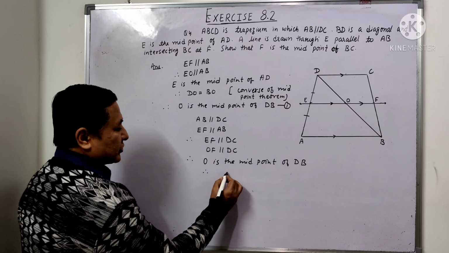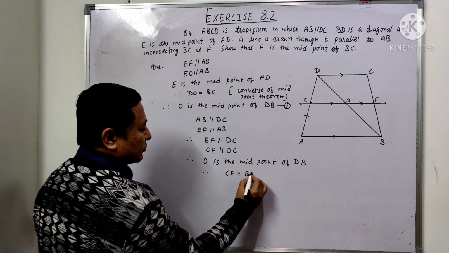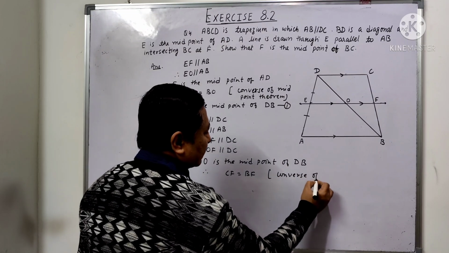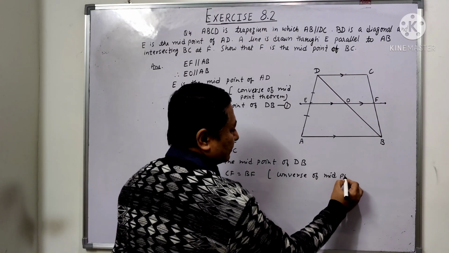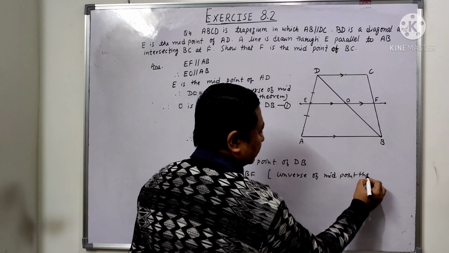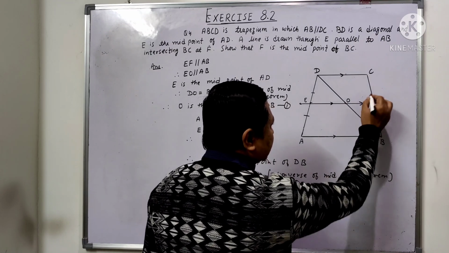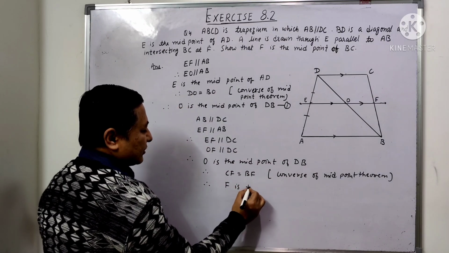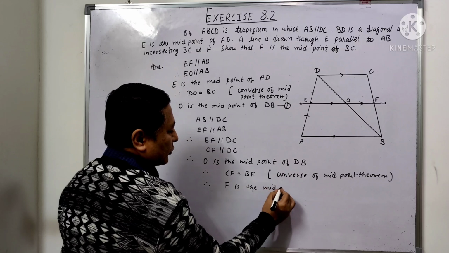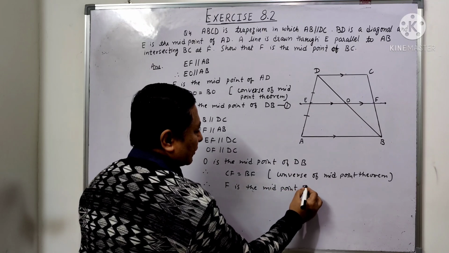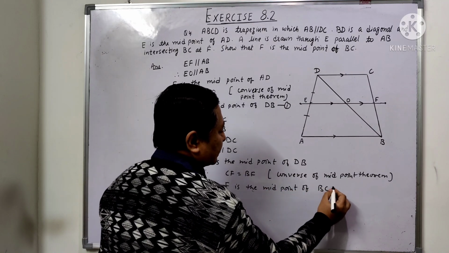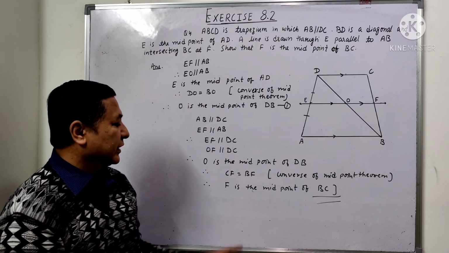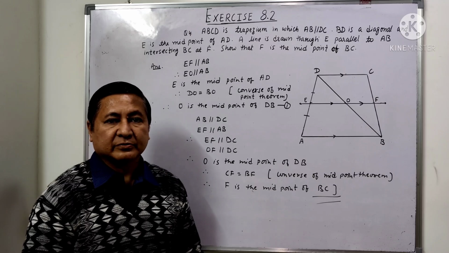So therefore CF will be equal to BF, and again the reason is converse of midpoint theorem. Since CF and BF are equal, we can say that F is the midpoint of BC. So by using the converse of midpoint theorem, we have proved that F is the midpoint of BC.